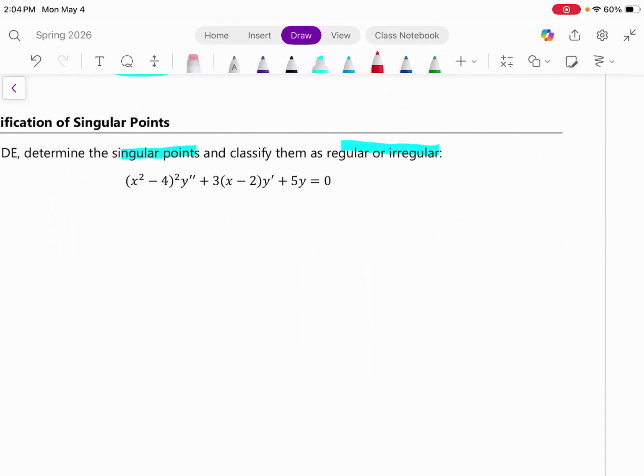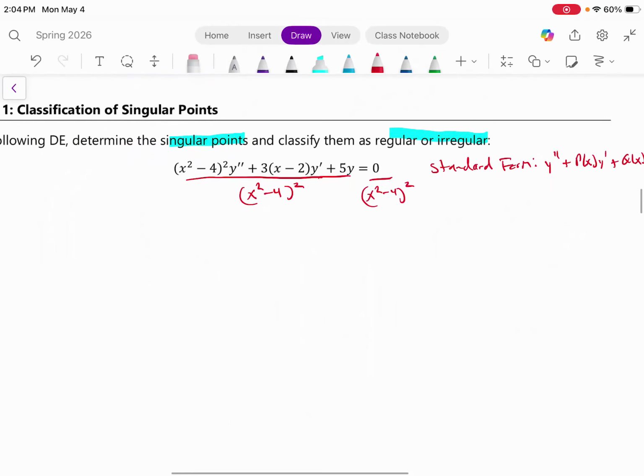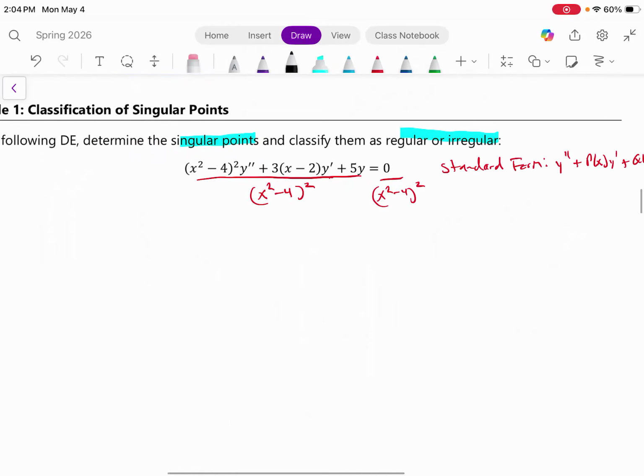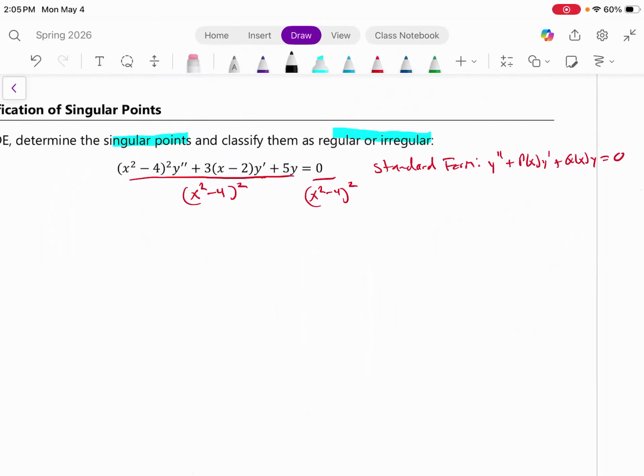We want to get into standard form, and that's y double prime plus p of x y prime plus q of x y equals 0. So what do I got to do? I just got to divide both sides by that x squared minus 4 squared. Okay, so here I'll say, get into standard form.